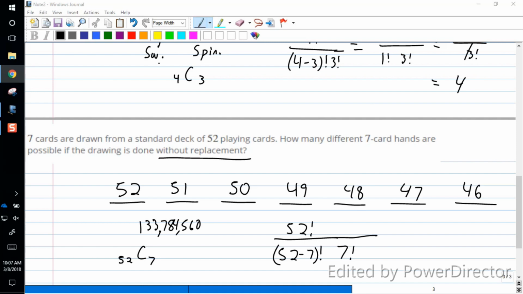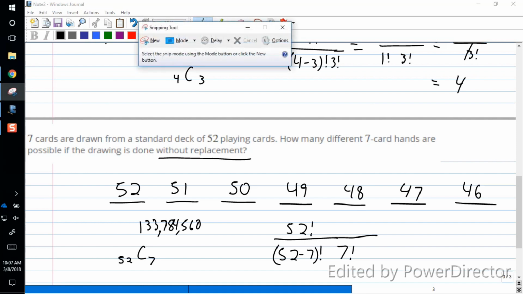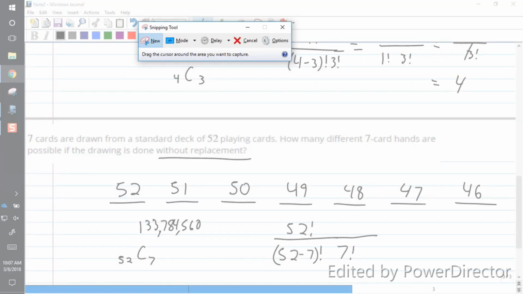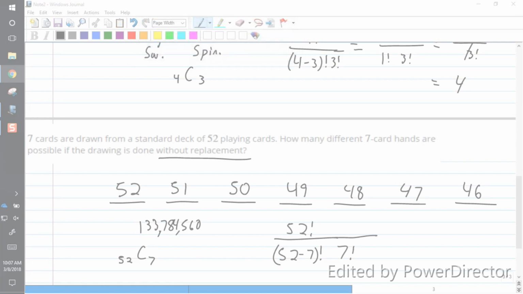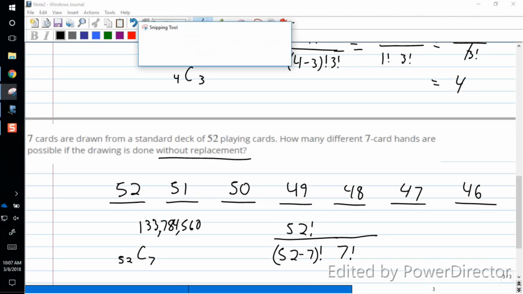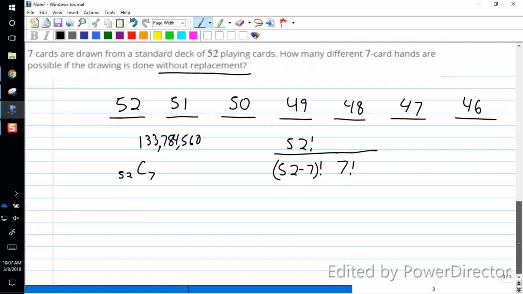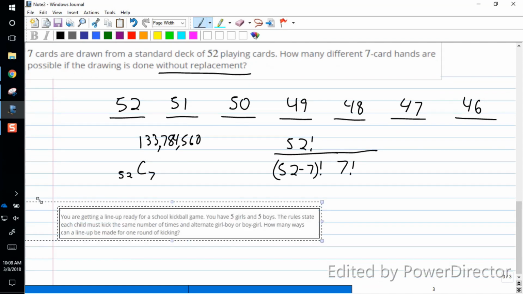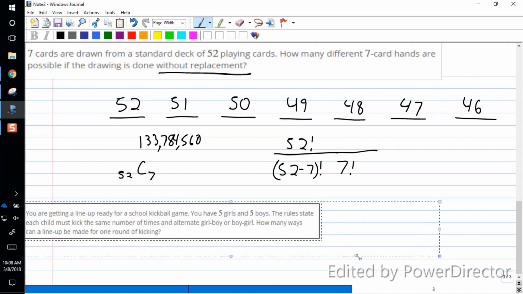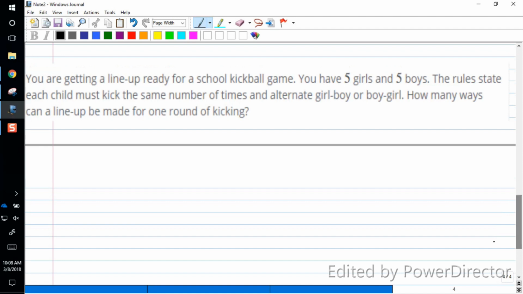Oh man, this one might take a little thinking. Let's see. First time I read it, my thoughts went cloudy. All right, this says you're getting a lineup ready for a school kickball game.